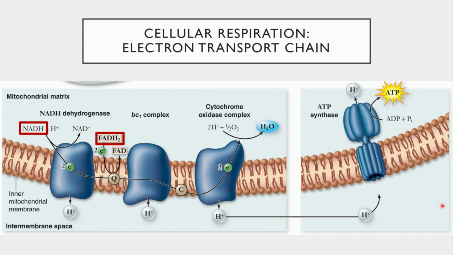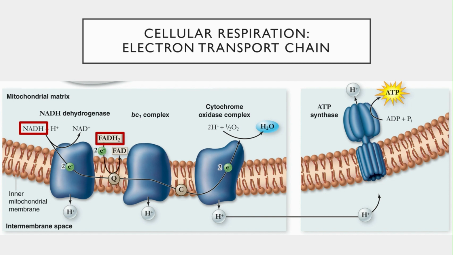We can see here at the protein cytochrome oxidase complex that an oxygen molecule reacts with electrons and protons to create water. The name for a molecule that accepts electrons at the end of a metabolic pathway is called a terminal electron acceptor. So oxygen is the terminal electron acceptor, and that's its major role in cellular respiration.